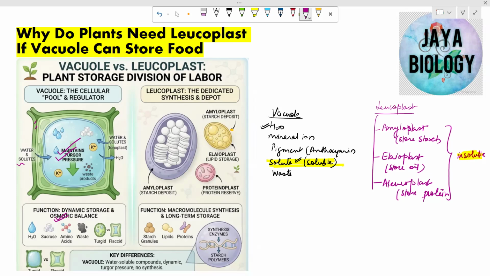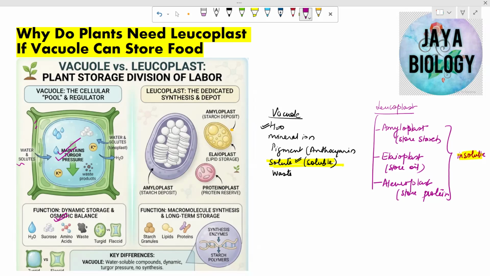So plants have developed another strategy to store large amounts of nutrients in insoluble form. They first convert them into macromolecules and store them in the leucoplast, which makes them insoluble. These nutrients will not create an osmotic problem. Is it clear?